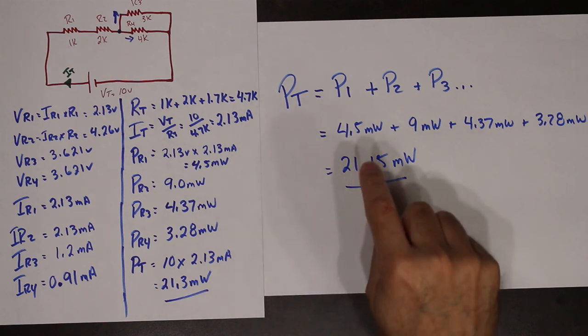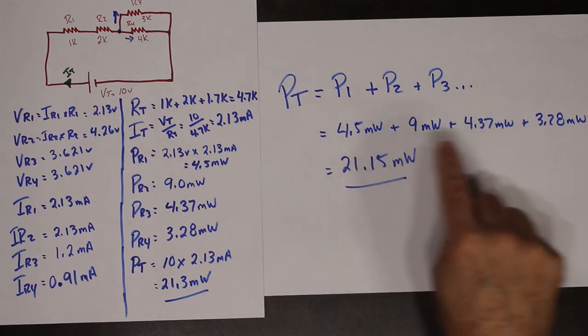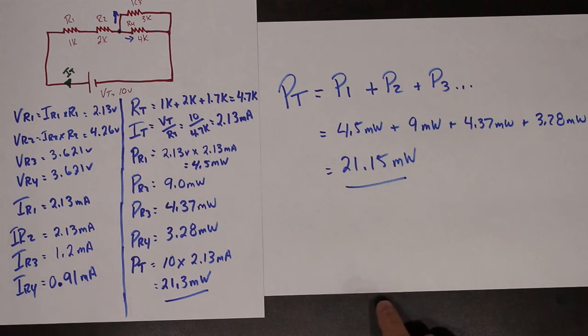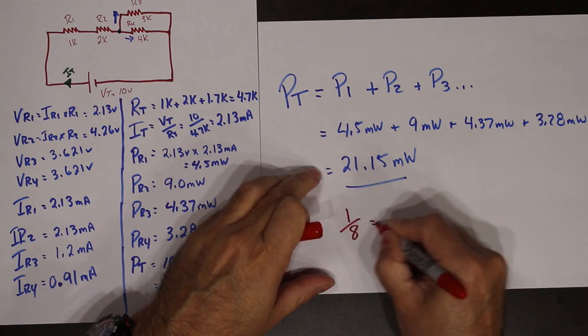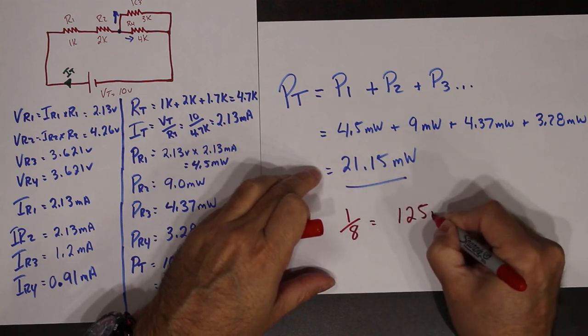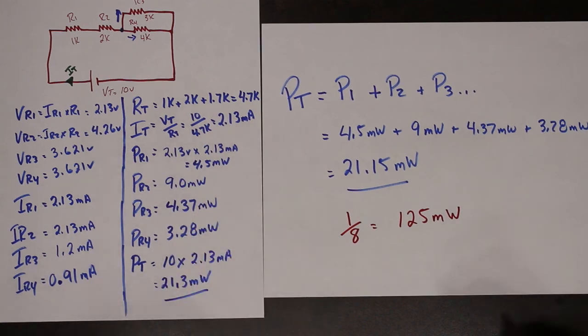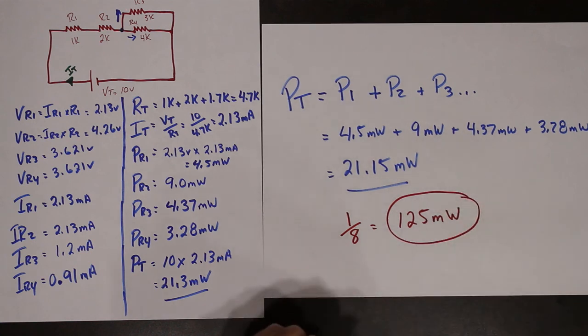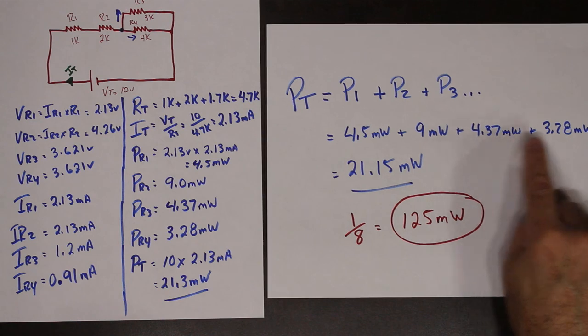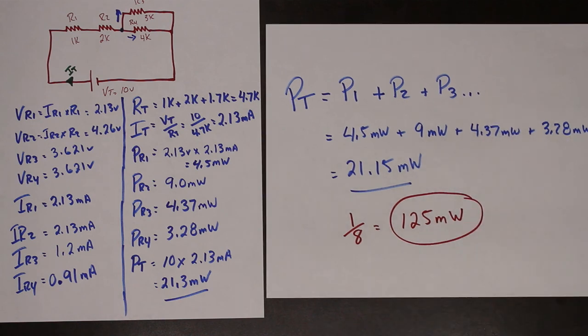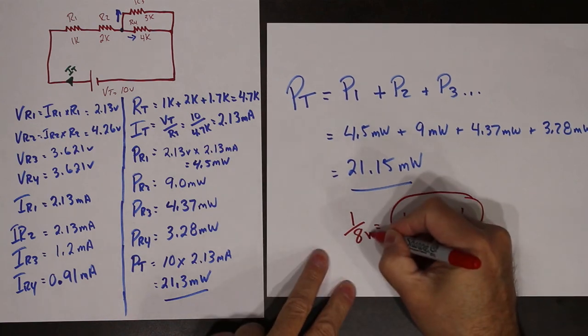If we were to pick resistors for these values, the 1/8 of a watt resistor is 125 milliwatts. That resistor would be more than enough to handle any of these powers. So if I was building this circuit, I would pick the 1/8 watt resistor.